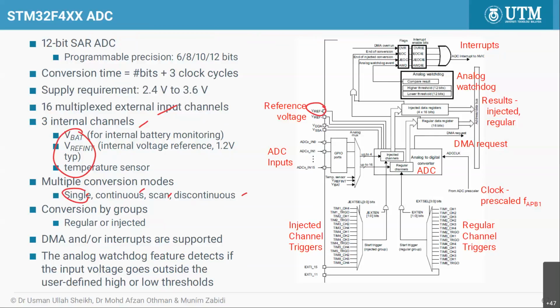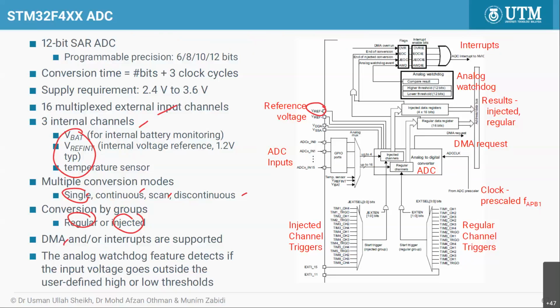So you can, for example, scan and read 8 inputs in one shot. So then you have a regular group. But in the middle there, you can have an injected group, basically like an interrupt. You have nested interrupt. While you are reading data, you can have another set of higher priority data you can inject. So quite complex lah. So we don't discuss that.